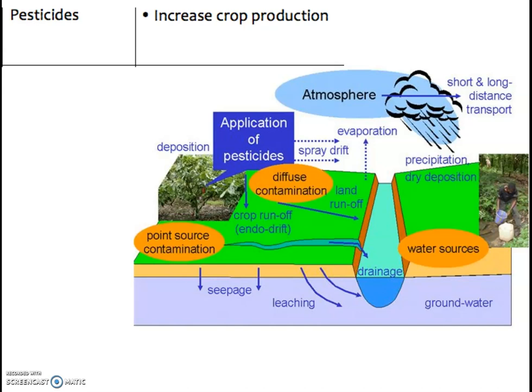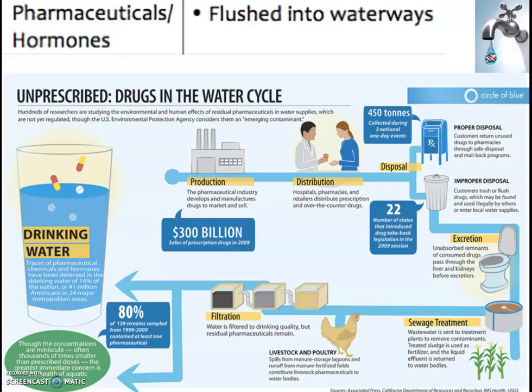So we increase our crop production, but then we know the pesticides will kill the organisms, which is different from our fertilizer, which will put nitrogen and phosphorus into the water and cause eutrophication. So remember, we want to keep those two separate. We can get pharmaceuticals, which end up in the waterways many, many times just by people when they don't know what to do with their extra medications. They flush them down the toilet, and this actually is a significant problem in terms of it getting into the water cycle.